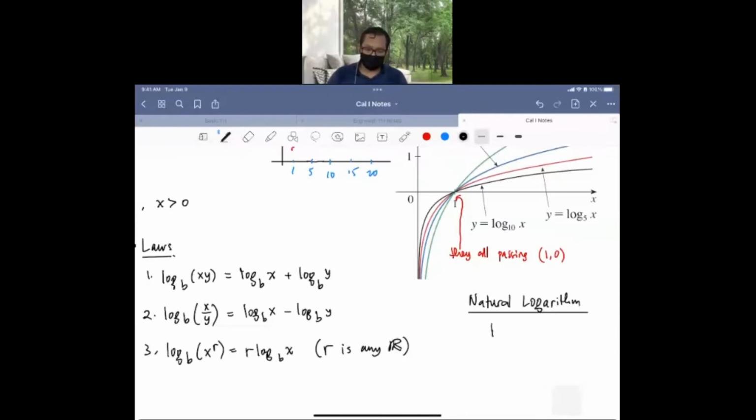So we can say that if b is e, then log base e of x becomes our ln.